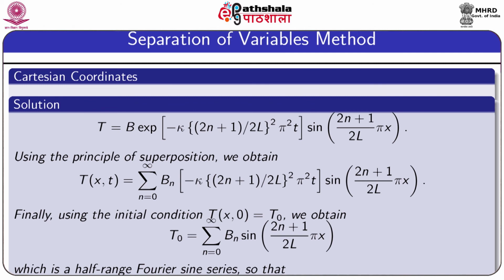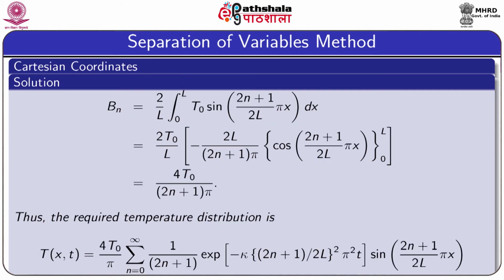So, to obtain Bn, we need to multiply this expression with sine of (2n plus 1) pi x by 2L, and then integrate from 0 to L. That will give the value of Bn as 4 T0 by (2n plus 1) pi. So, putting this value of Bn in the solution, we obtain the required temperature distribution as capital T equals, which is written here.